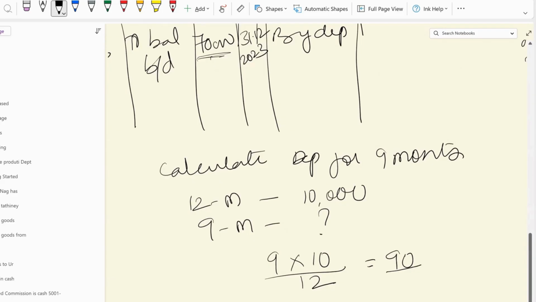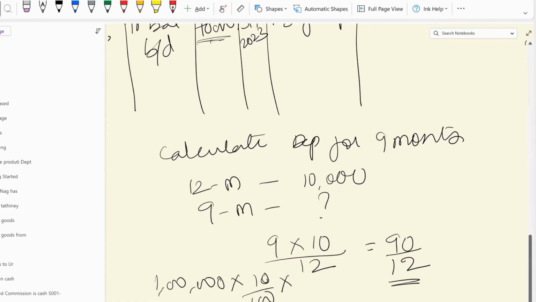So 1 lakh into 10%, 10% is the depreciation.